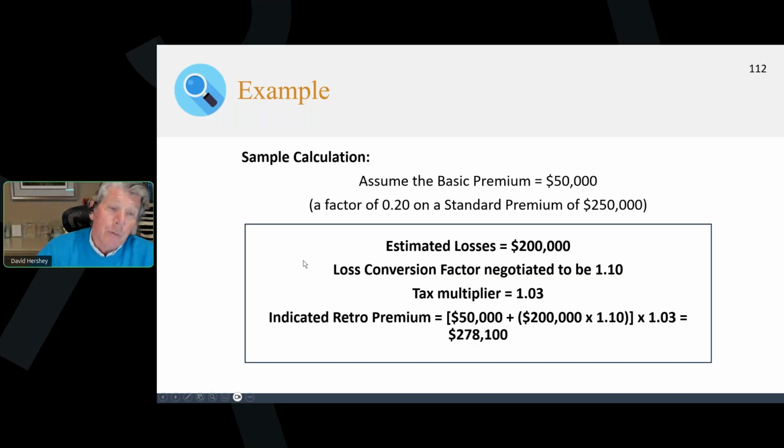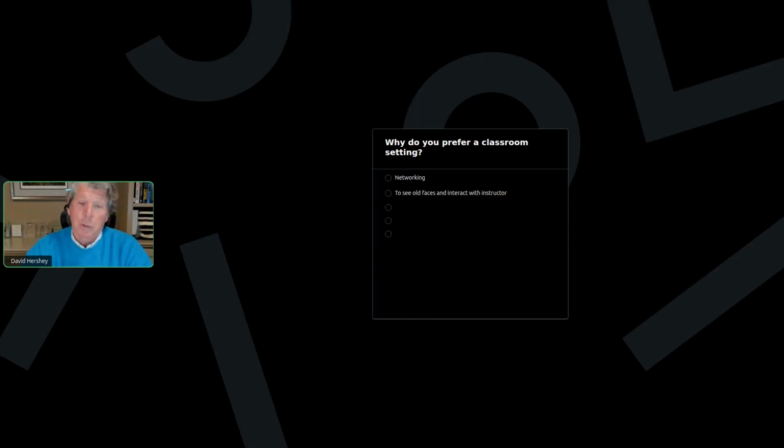Now on some of these plans, an astute broker will build this into the program agreement to simply say, "Hey, look, this is a paid loss retro." Fine, no problem. Again, that's preferred. However, if you have claims that are open for years, most people are going to want to close out the paperwork and be done with it.